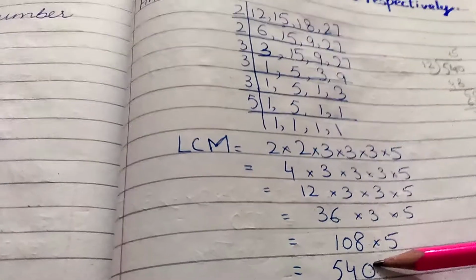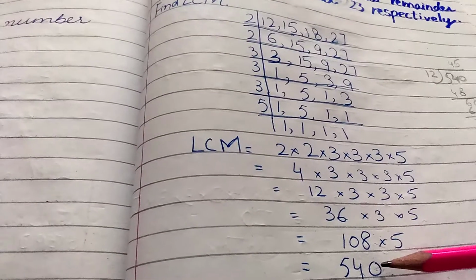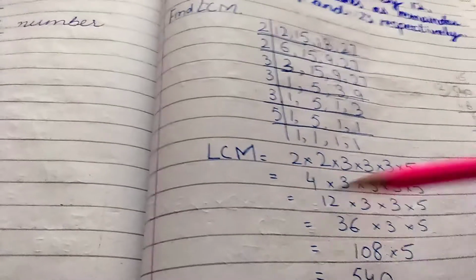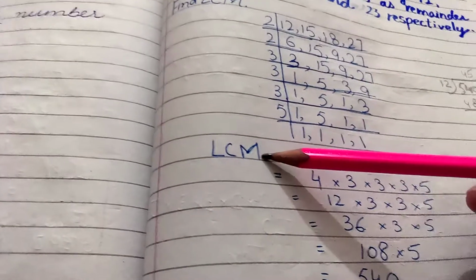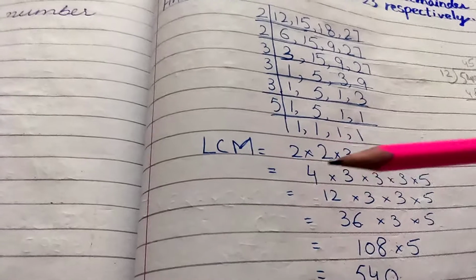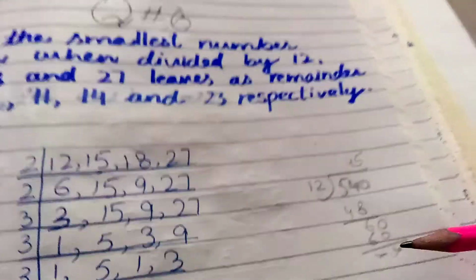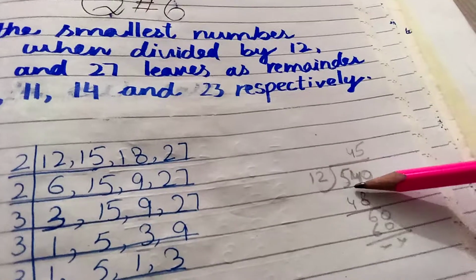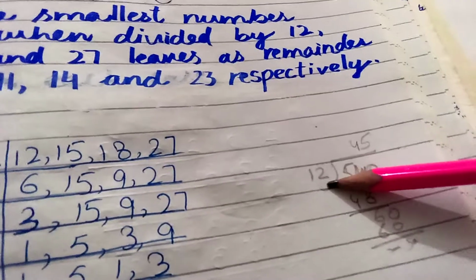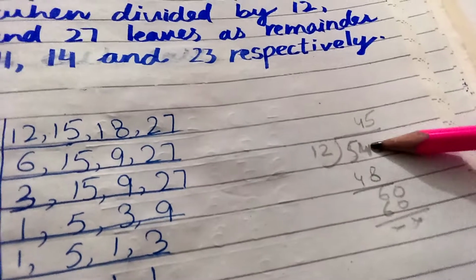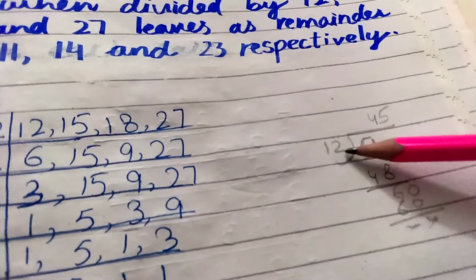It means that when I divide 540 by 12, the remainder is 0. What is a multiple? A multiple is a number which divides the other number, leaving remainder 0. You can see that when I divided 540 by 12, the remainder is 0. It means that 540 is a multiple of 12.